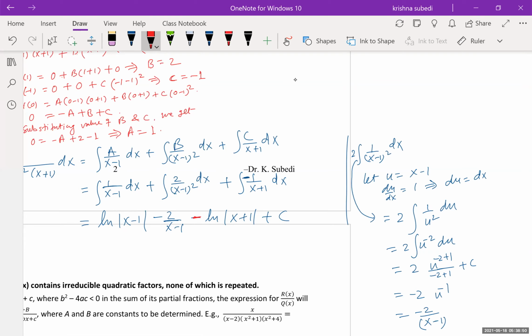And that's it. If you are familiar with the logarithmic rule, you can also write ln of (x minus 1) divided by (x plus 1), minus 2 over x minus 1, plus c, because ln x minus ln y can be written as ln of x over y.